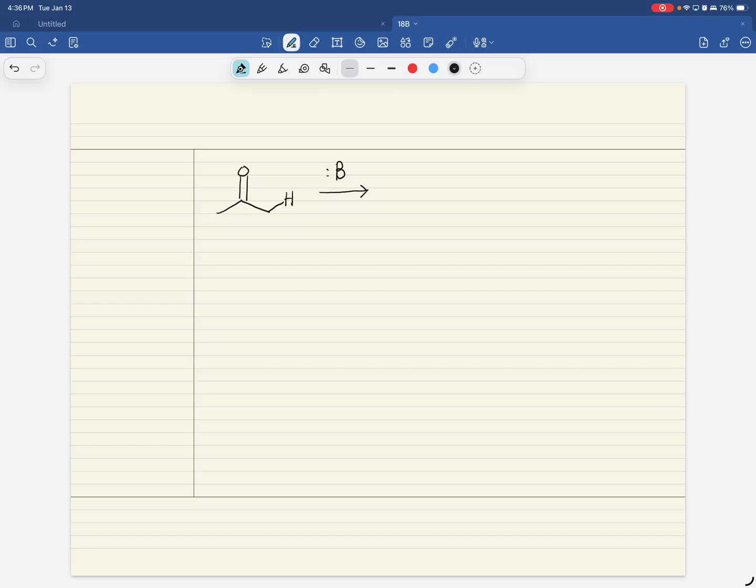So this hydrogen, remember when we talked about acidities, this hydrogen is acidic, all right? So compared to this group right here, compared to CH4, we have this hydrogen right here.